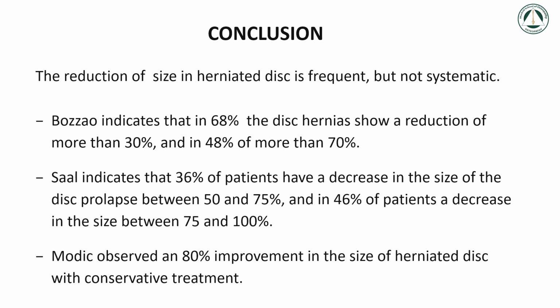Another indicates that 36% of patients have a decrease in the size of the hernia between 50 and 75%, and in 46% a decrease in size between 75 and 100%. Modic observed an 80% improvement in the size of the herniated disc with conservative treatment.